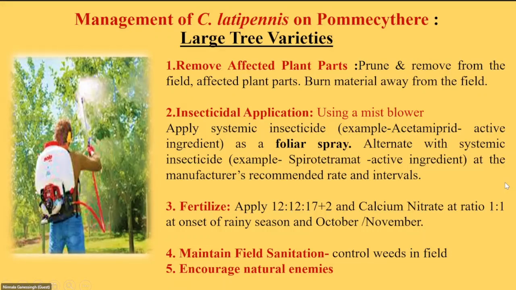Number 3, fertilize with 12-12-17-2 and calcium nitrate at a ratio of 1:1 at the onset of rainy season and again at October-November. Number 4, maintain field sanitation. Control the weeds in the field. And number 5, encourage natural enemies. Again, wear protective gear when applying pesticides.